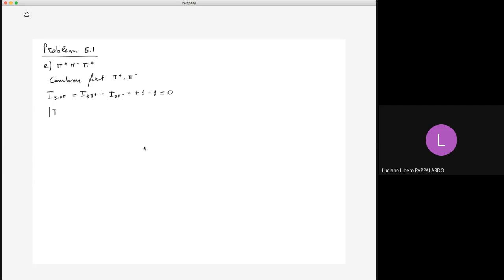Now the total isospin goes from |I pi plus minus I pi minus| to I pi plus plus I pi minus, so this corresponds to 1 minus 1 and 1 plus 1. So the possible assignments for the total isospin for the 2 pion system are 0, 1, or 2.